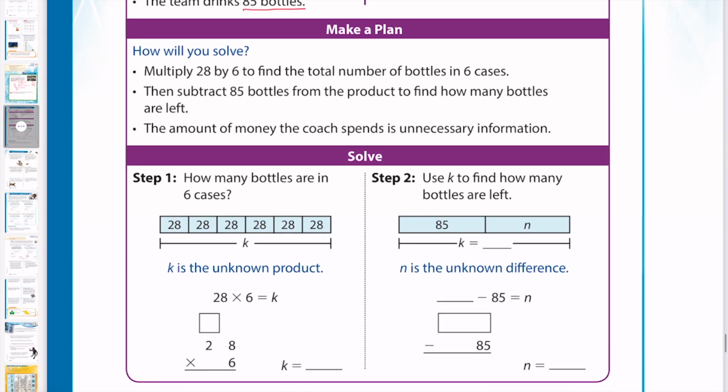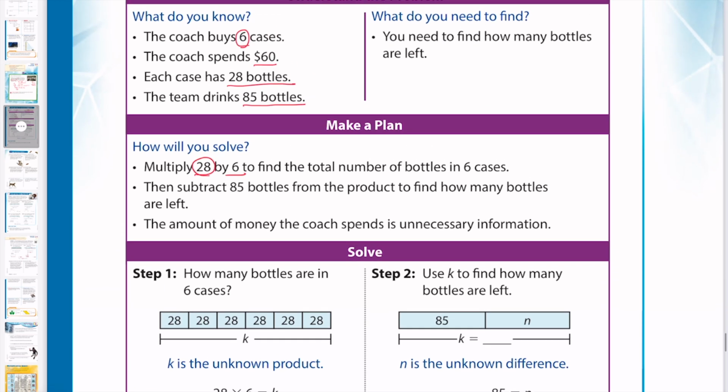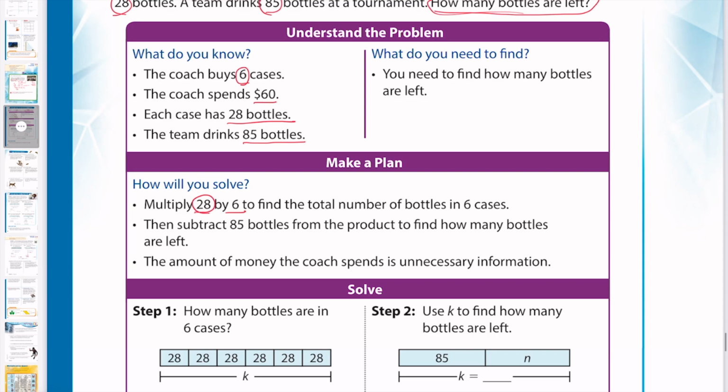All right, let's make a plan. How will you solve? Multiply 28 by 6 to find the total number of bottles in 6 cases. Each case has 28 bottles, and we have 6 cases. Yes, of course, we need to multiply them. And then subtract 85 bottles from the product to find how many bottles are left. Yes, because they drank 85 bottles.